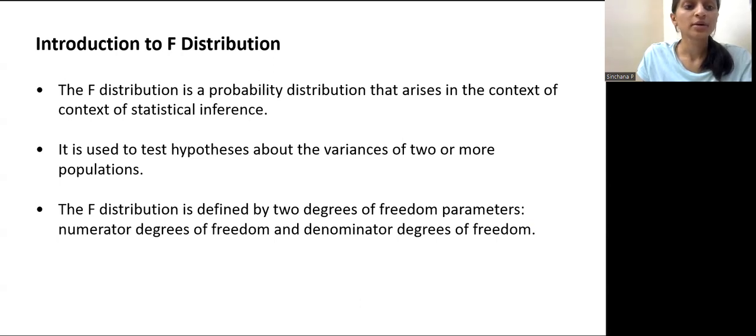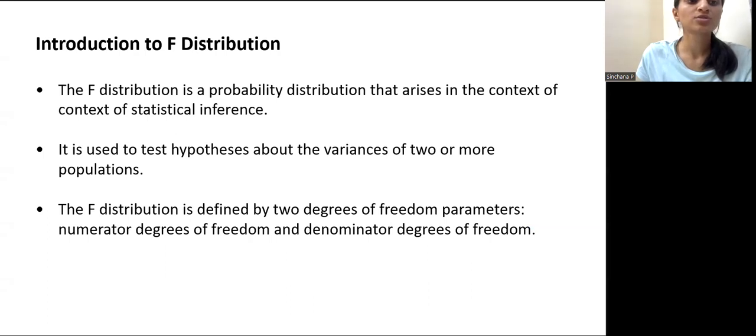The F distribution, named after its developer Ronald Fisher, is a probability distribution that arises frequently as the null distribution of a test statistic, most notably in analysis of variance, ANOVA, and regression analysis.